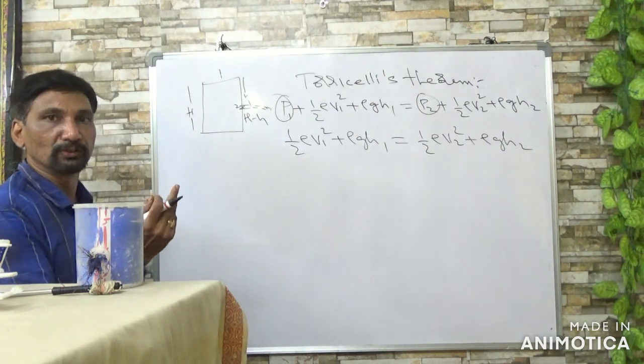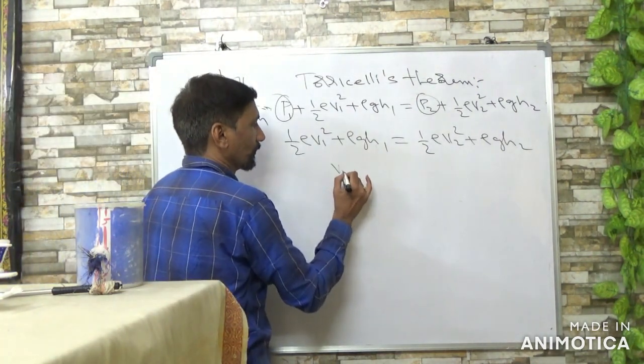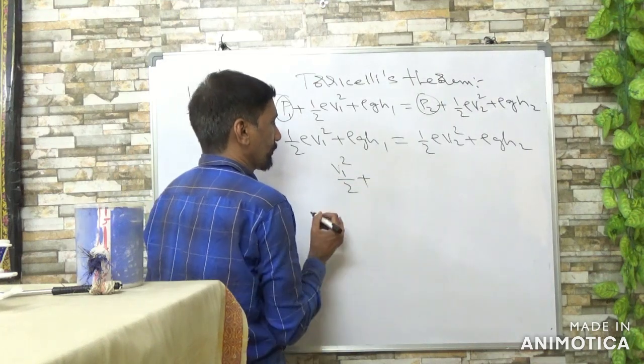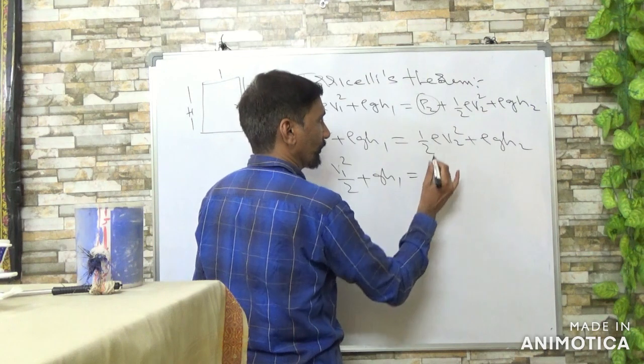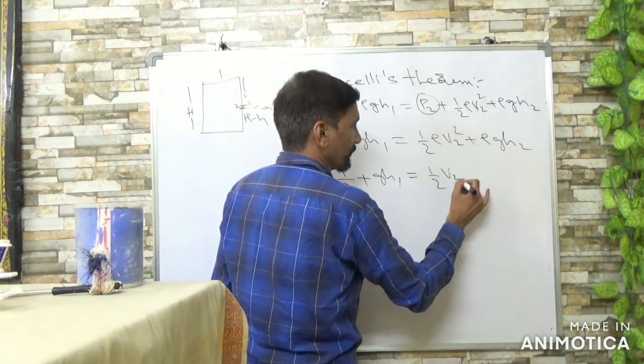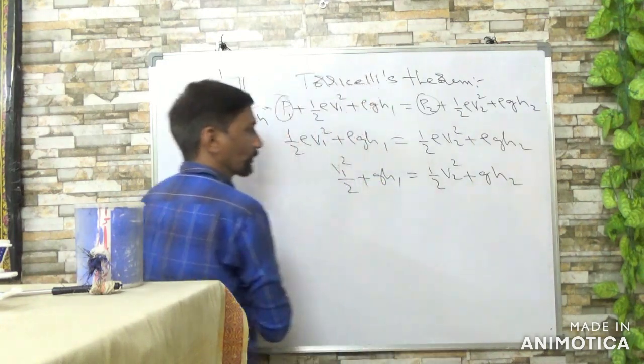Rho is common, so that you can also cancel. Now V1 square by 2 plus G H1 equals half V2 square plus G H2.